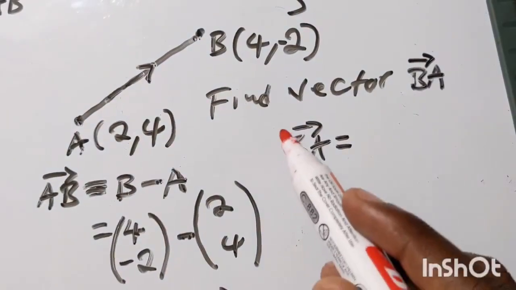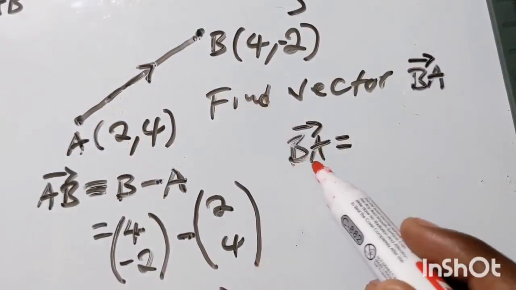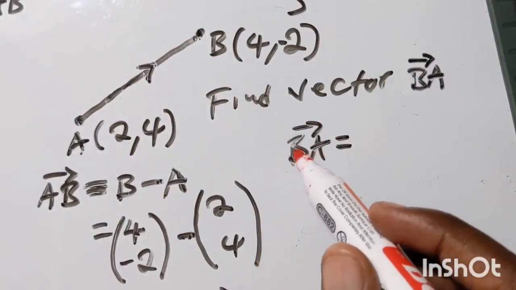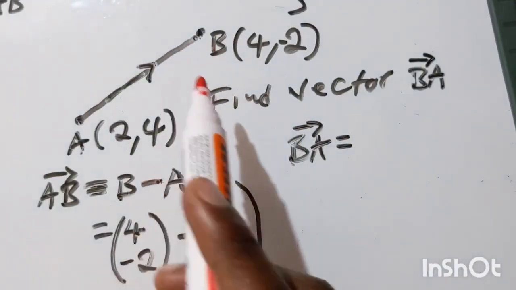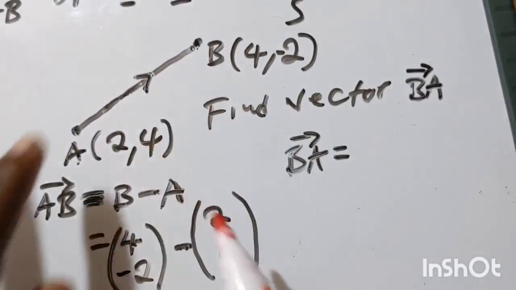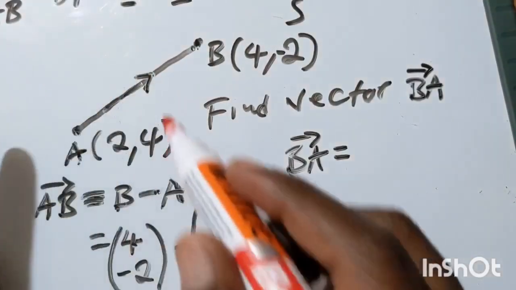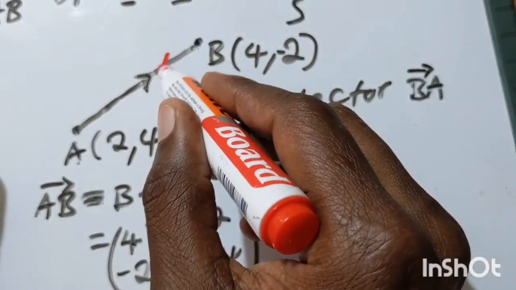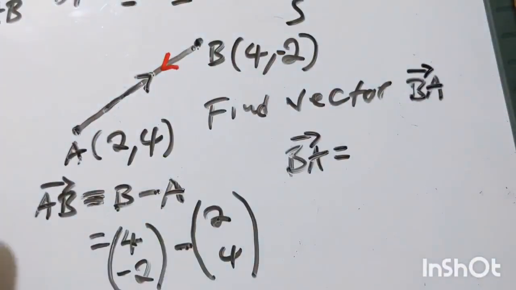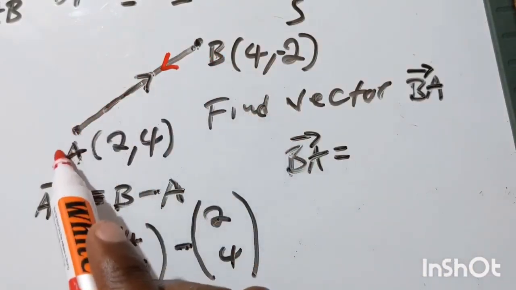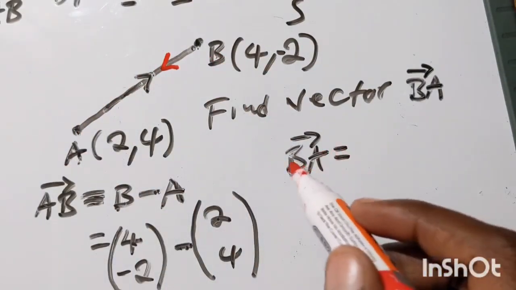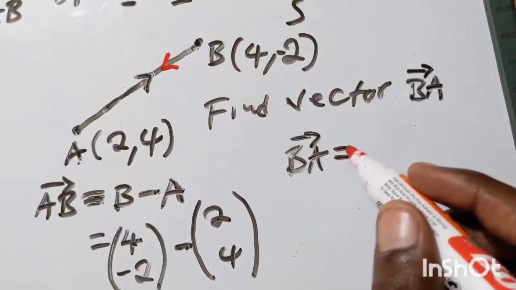So now, if you look at here, BA, the vector is starting at B. So the vector that we are looking at is going this way, the reverse. It is starting at B and ending at A. So the formula, we write it like this.